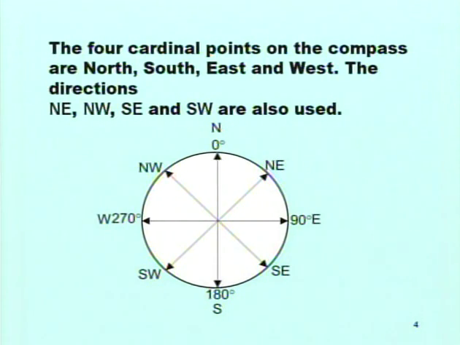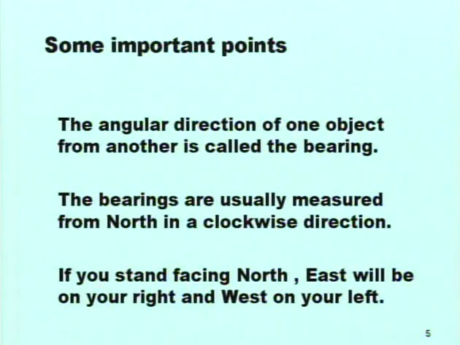East, which is to the right of north, is 90 degrees. And if we move from north right through to west, going in a clockwise direction, west would be 270 degrees. Some important points.